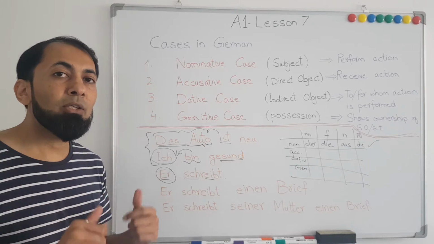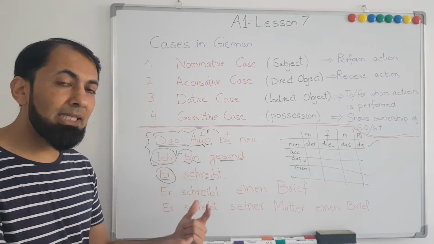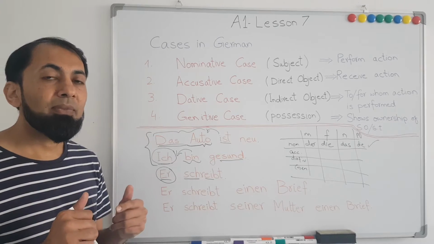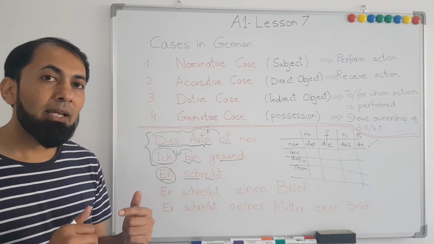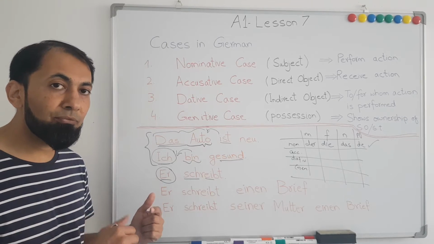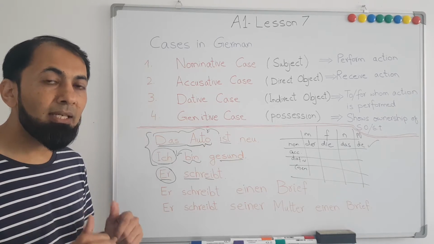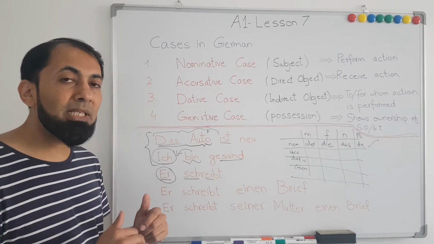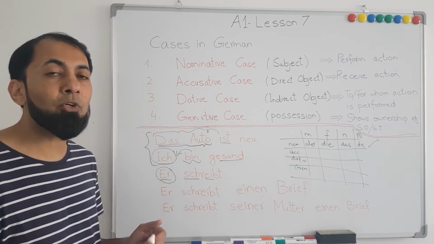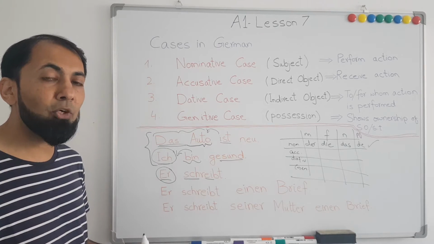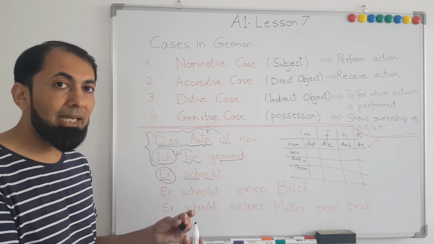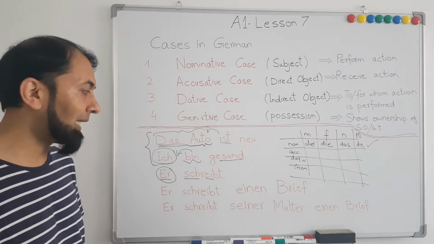So "ich", "du", "er", "sie", "es", then plural first person "wir" or we, then second person plural you or "ihr" in German language for informal, and "Sie" for formal, and third person plural they or "sie" in German language.